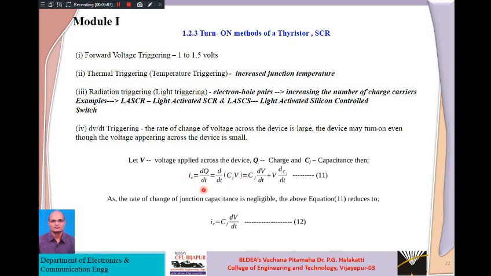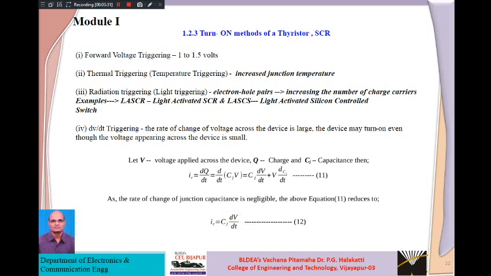The current flowing through that is indicated by iC equal to dq/dt, the charge on either side of the plates. Substitute q equal to C times V. If you neglect the junction capacitance variation, you get iC equal to C dV/dt. So the charging current of the capacitance is directly proportional to the rate of variation of your forward voltage. Both are interdependent.